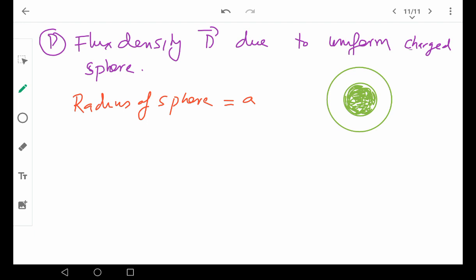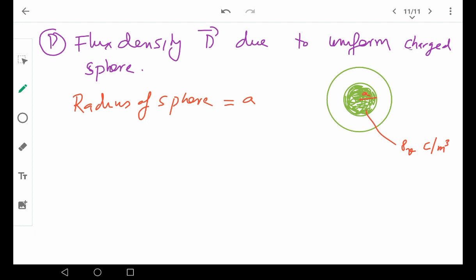So this sphere has a radius A, and this particular sphere has a volume charge density of rho v coulombs per meter cube, right?